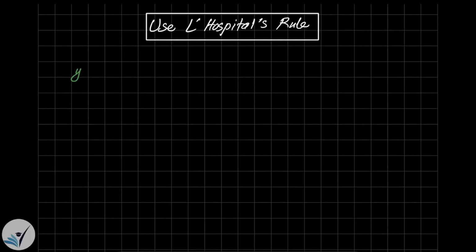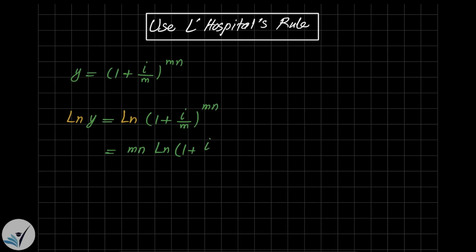Let's assume y is equal to (1 plus I over M) to the M times N. Now we take the natural logarithm of both sides. So we have ln of y equals ln of (1 plus I over M) to the M times N. And if we simplify this, we get M times N times ln of (1 plus I over M).